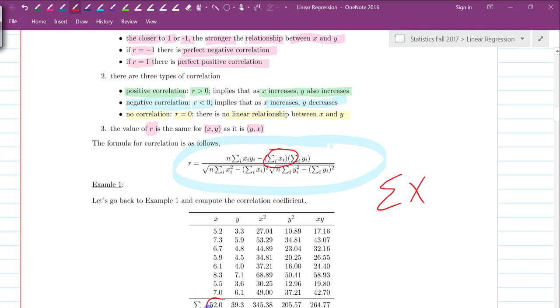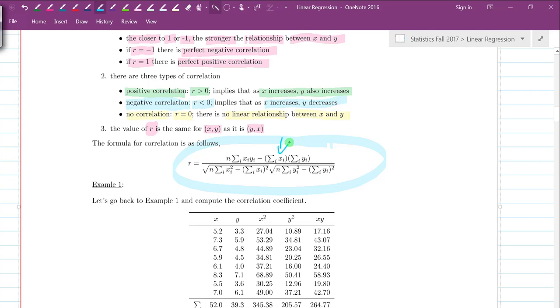That total is 52. Okay, so the total there is 52. Alrighty, so that takes care of the summation of x.